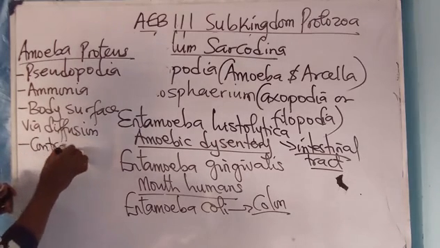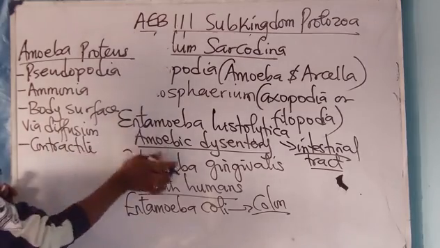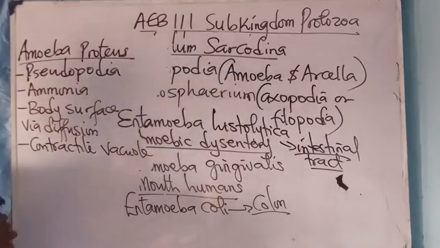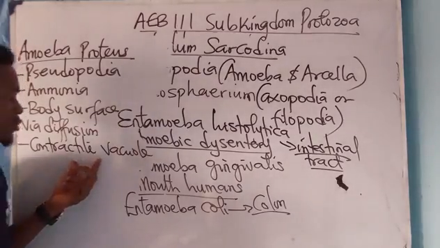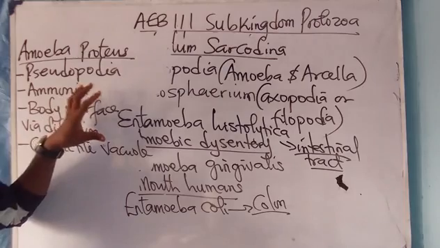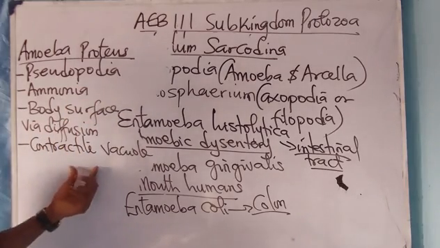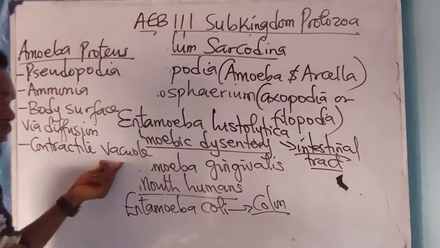The contractile vacuole is used by sarcodines to expel excess water from their body. Hence, they are osmoregulators.